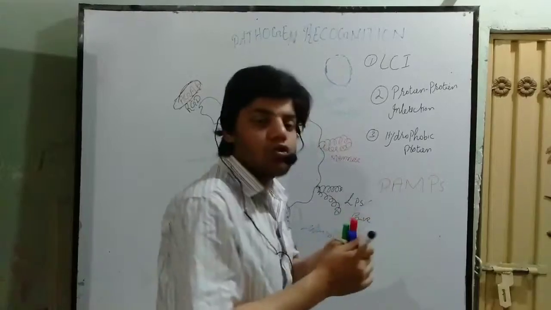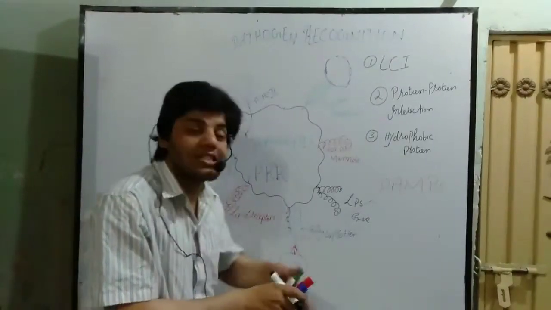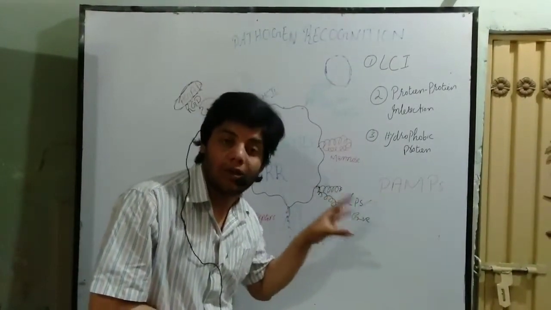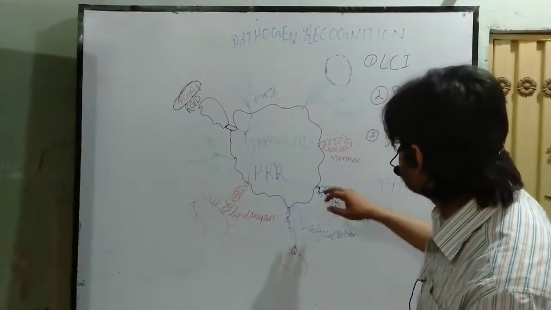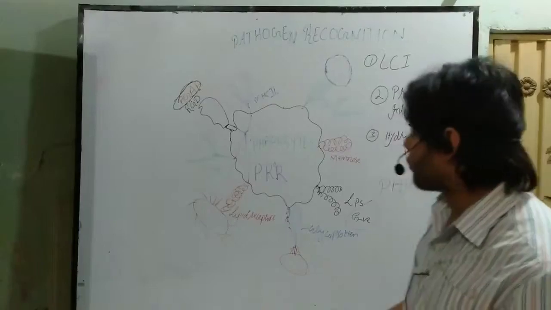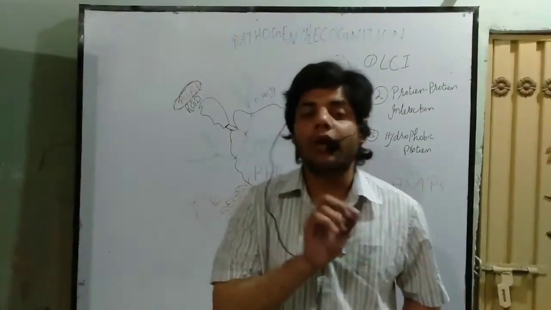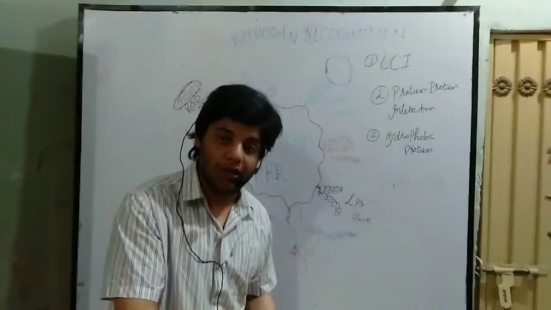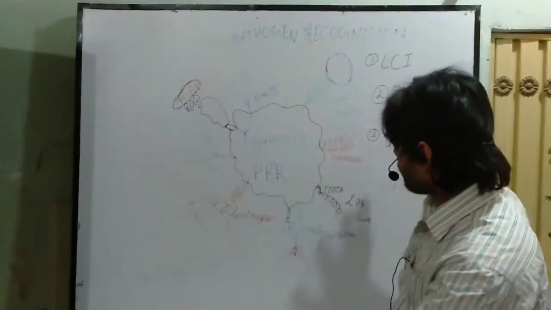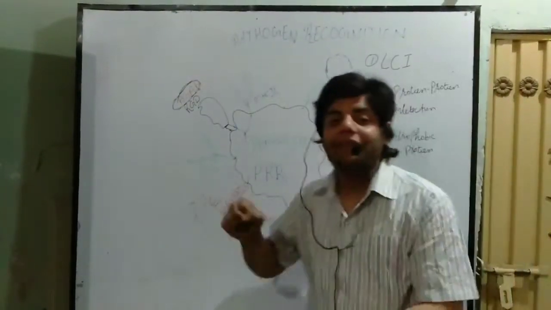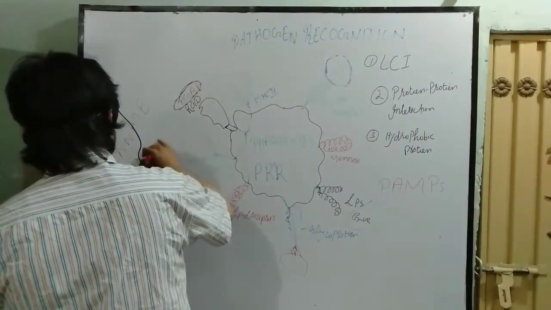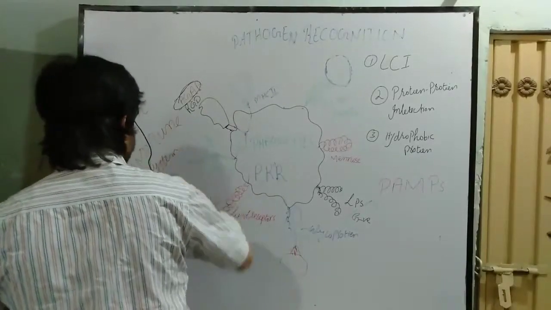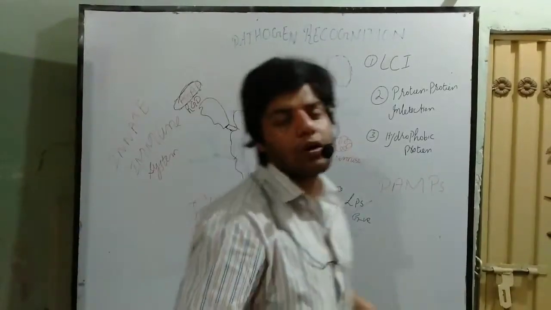This receptor usually detects gram-negative bacteria, because on the surface of gram-negative bacteria there is lipopolysaccharide, and this glycoprotein usually detects the peptidoglycan layer of gram-positive bacteria. Due to this interaction, they activate the innate immune system.